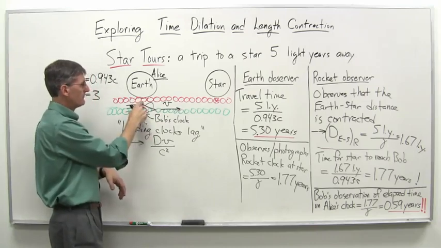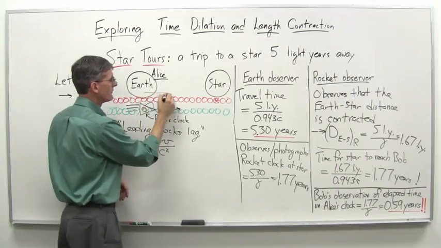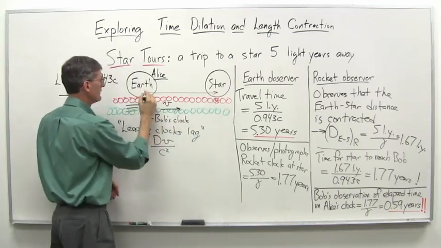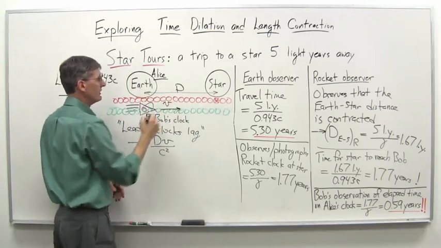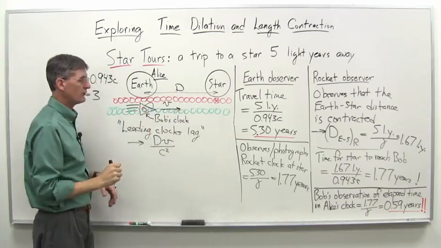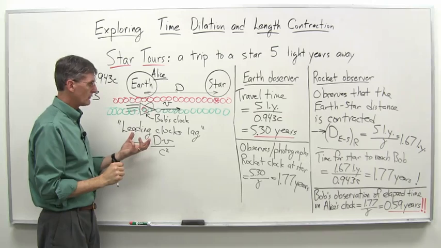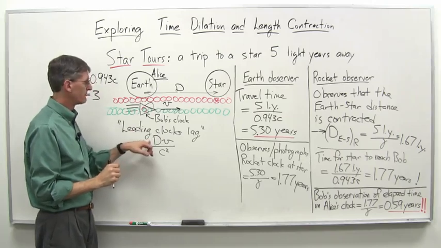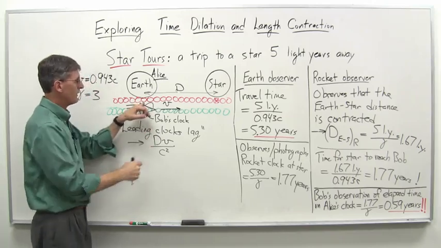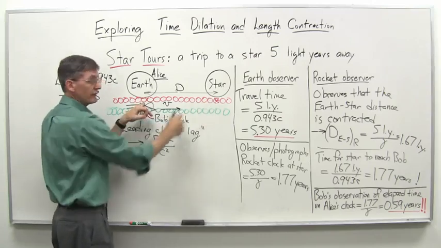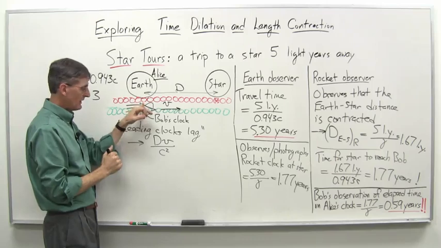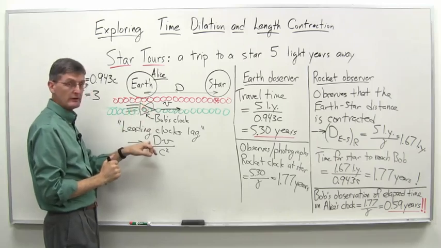This clock here, and note that here's the distance d, to make this clear here. That's the distance d that Alice sees between those two clocks, her distance d. That's this distance. Bob sees a lag between that clock and the clock at the star here that's eventually going to get to him. That lag is going to be dv over c squared.